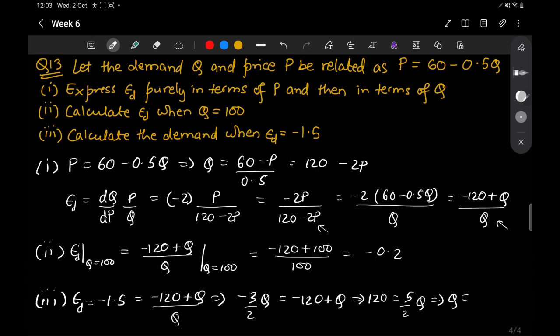So 240 divided by 5, how much is that? So Q is basically 120 into 2 divided by 5. So 5 2s are 10, 2 is remaining, and 5 4s are 20. So this becomes 48. That's the value of Q.